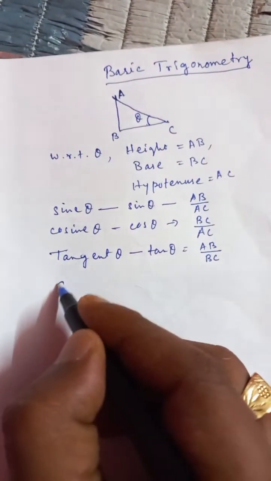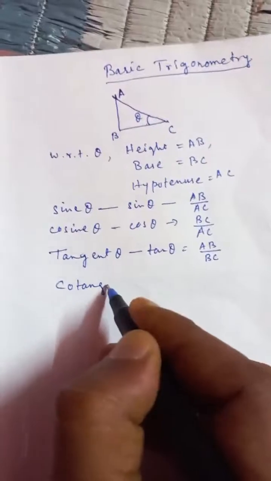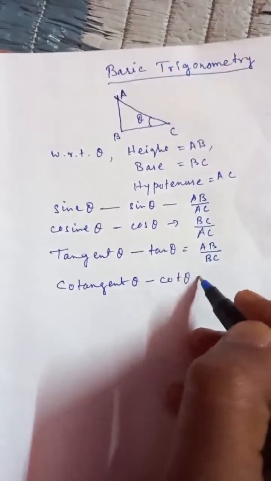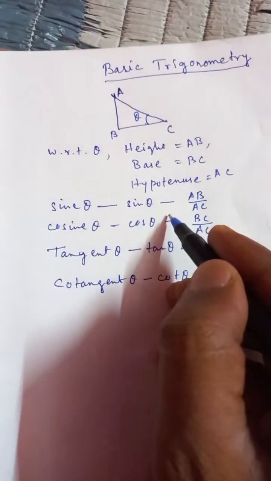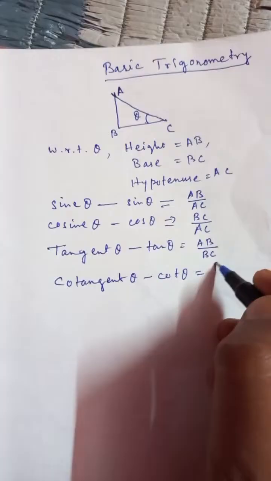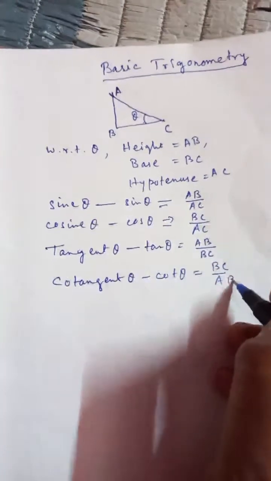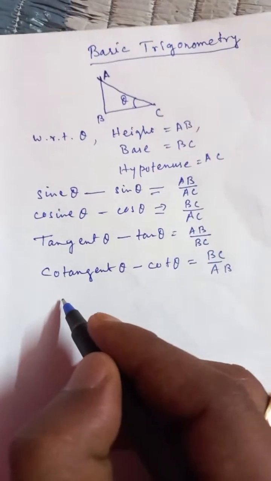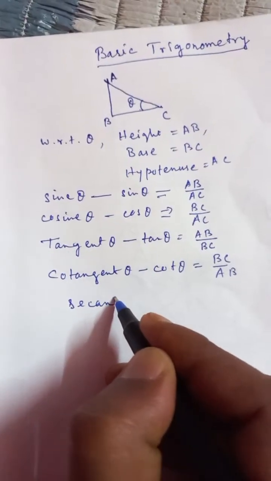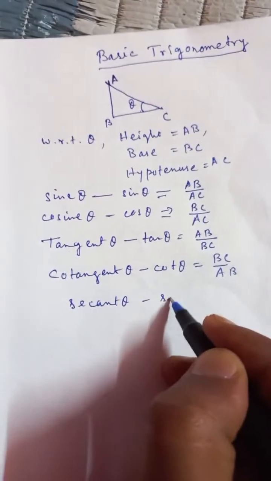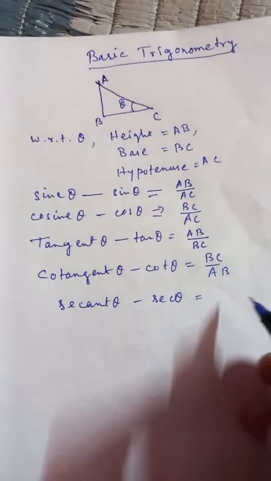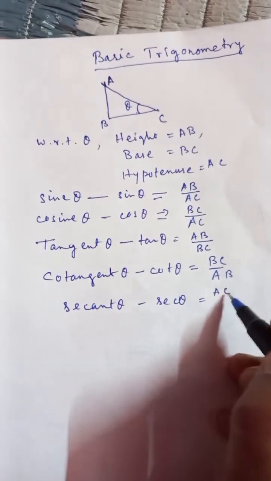Then cotangent theta, cot theta, is equal to base by height, BC by AB. Then secant theta, sec theta, is hypotenuse AC by base BC.